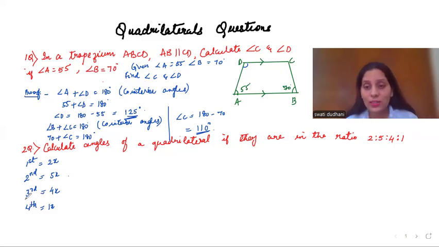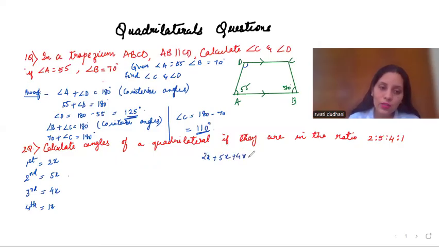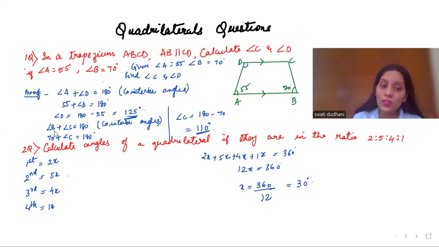Now in a quadrilateral, the sum of all the angles, 2x plus 5x plus 4x plus x, is equal to 360 degrees. So 12x is equal to 360. So, x is 360 by 12, which is 30 degrees. Now, here you need to find each angle.